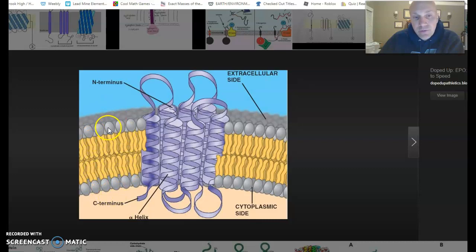The gray areas are where you have the phosphate head group. Remember that head group is polar in nature, and so it really likes the water environment out here. On this side, you've got a polar head group, and it likes the water environment of, pretend that this is the inside of the virus.